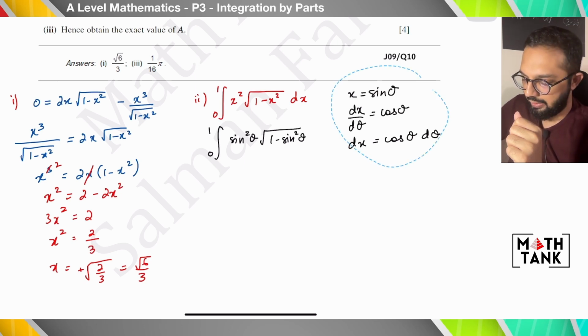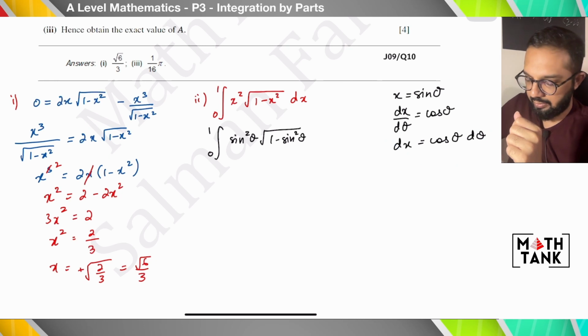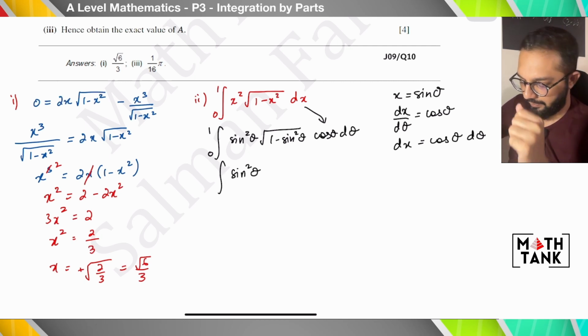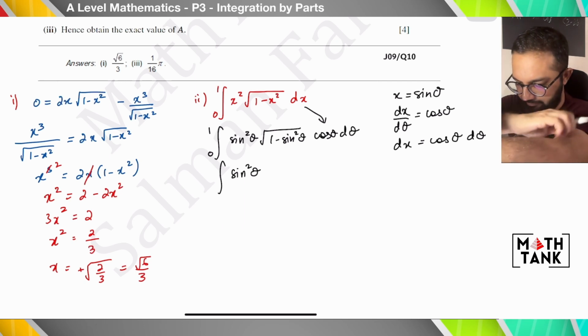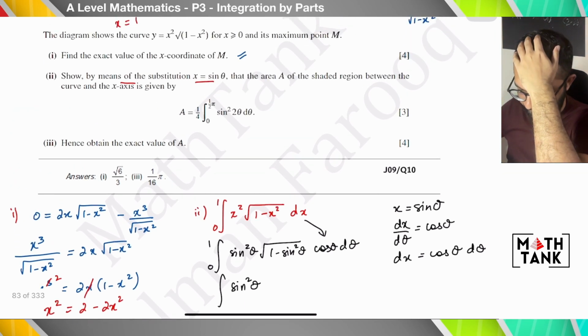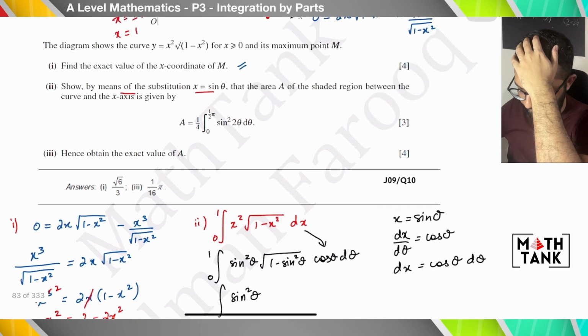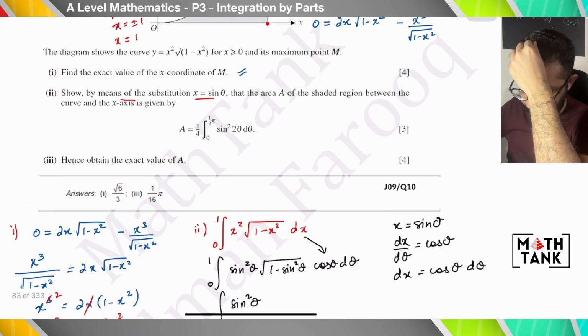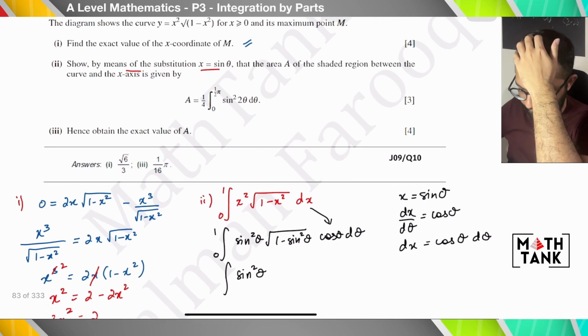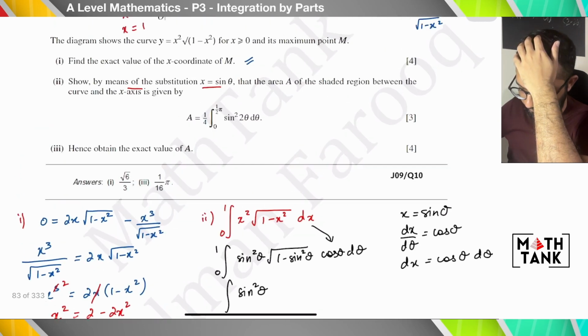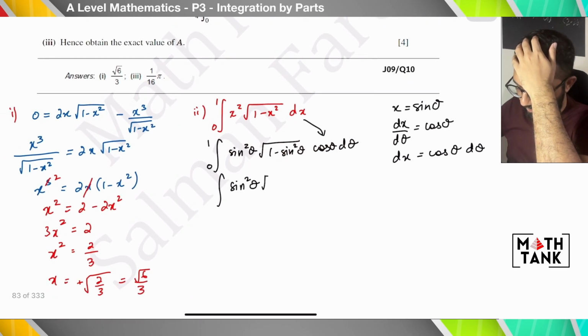So then using a substitution, cos theta d theta. So I get sine squared theta into root of cos squared theta into cos theta d theta.